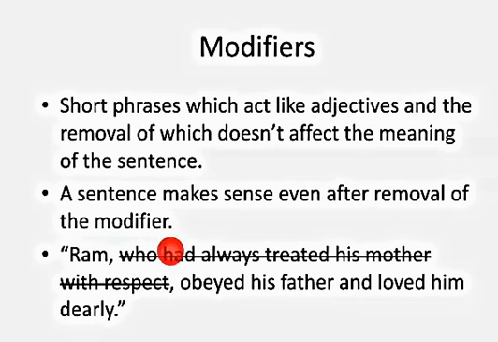So when we look at this sentence, let's say we read the whole sentence. Ram, who had always treated his mother with respect, obeyed his father and loved him dearly. So who are we talking about? Ram.